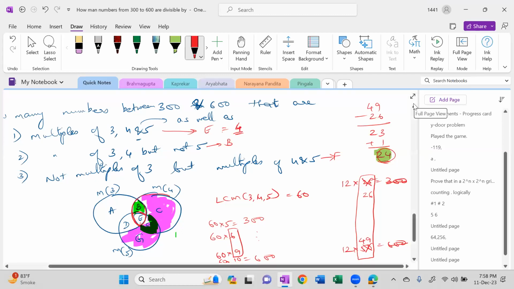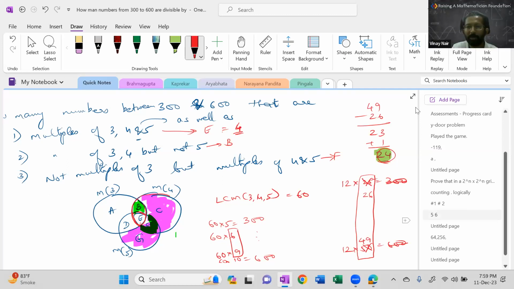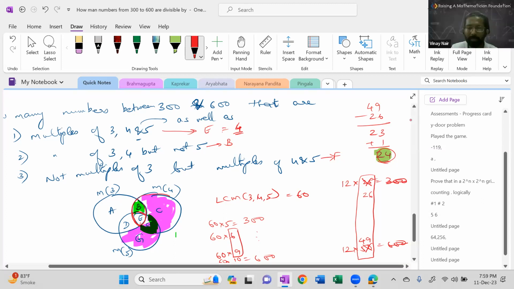Sir, I disconnected for a while because of the internet issues. Can you please tell what we just did? Now we are just discussing question number 2. Which area contains 24, right? 24 means not number 24, but the 24 possibilities that we just computed from here.